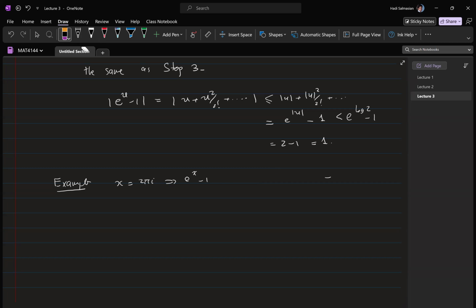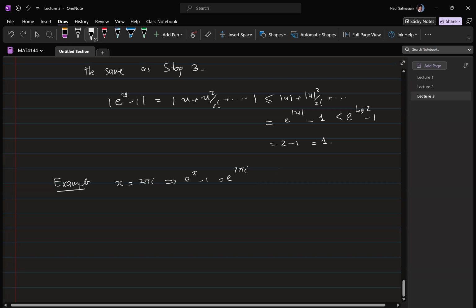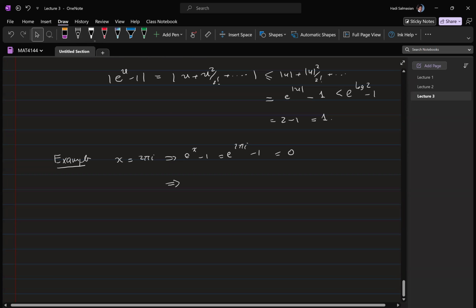So e to the x minus 1 is just e to the 2 pi i minus 1, which is 0. So it meets the condition of convergence if you wanted to talk about log e to the x, right? But when you plug that into the series, you get 0, which is not x. Okay? So you have to be careful not to make mistakes.